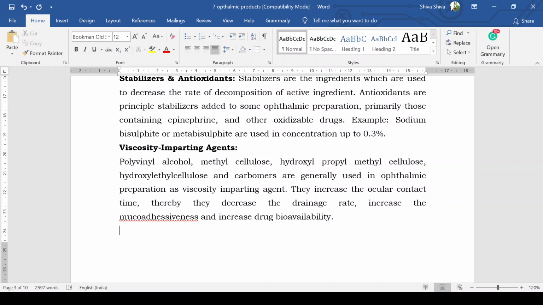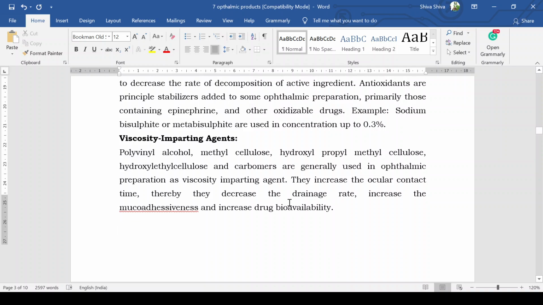Okay, why is there a need to increase the viscosity? Because obviously they will increase the contact time between your product and the eye. They decrease the drainage rate. The solutions are basically drained fast, and if these solutions are highly viscous, then drainage will be slow. They increase mucoadhesiveness and increase bioavailability. All these will lead to an increase in the bioavailability of a drug.